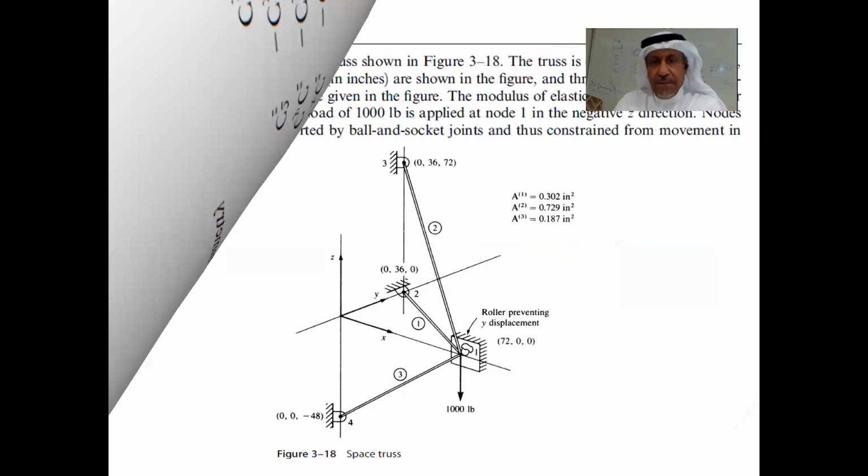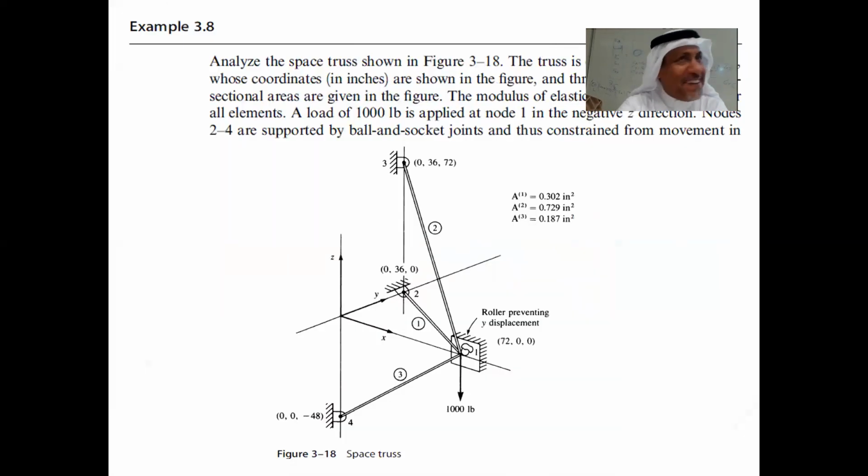Okay, let's see. This is an example. This you are going to do using the software. And you will do it manually, not this one, the one in the homework. Okay, so this one you will do it manually. How do you do it manually?